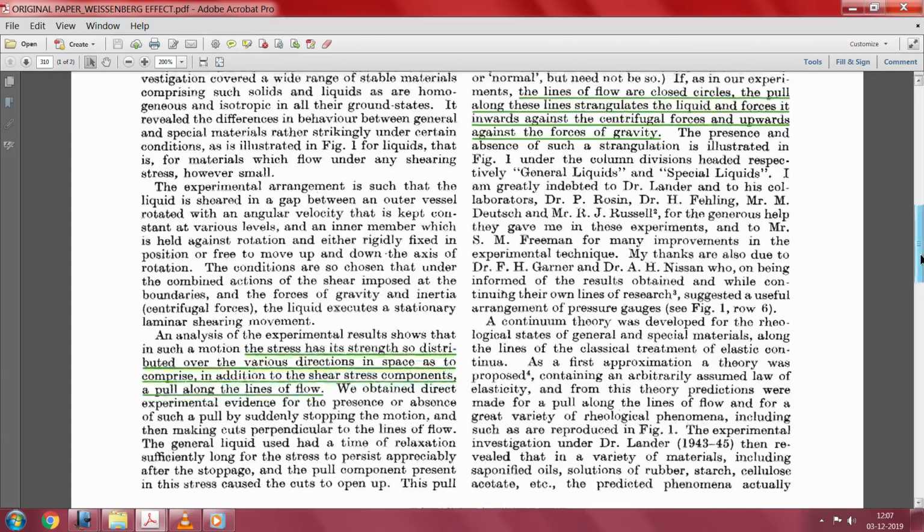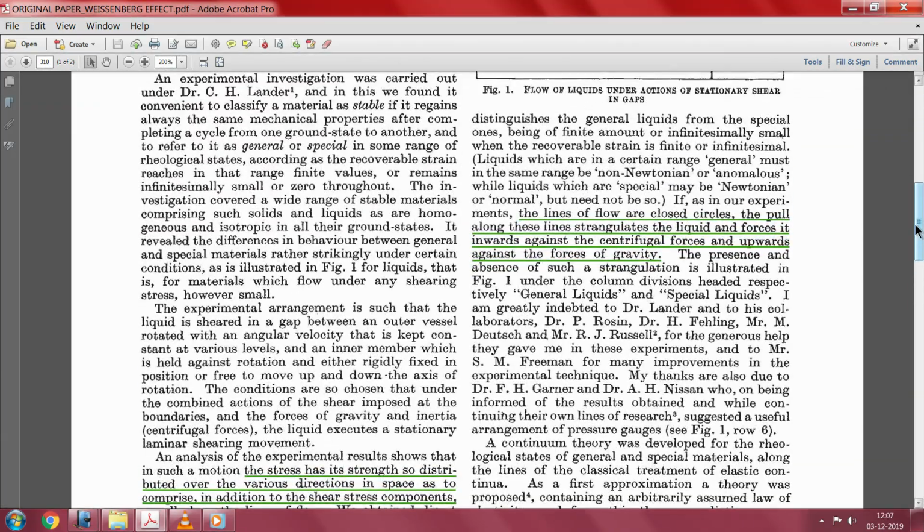And then furthermore, he says that if, as in our experiments, the lines of flow are closed circles, the pull along these lines strangulates the liquid and forces it inwards against the centrifugal forces and upward against the forces of gravity. So, he is trying to explain the phenomena.